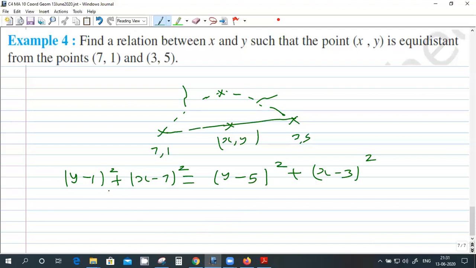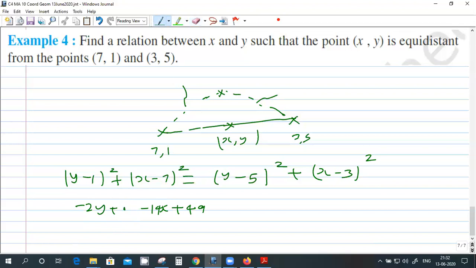So x square and y square will cancel on both the sides. So it will be minus 2y plus 1, plus 49, minus 14x, right? Plus 49 itself. Minus 14x. Yes, x square will cancel on both the sides.